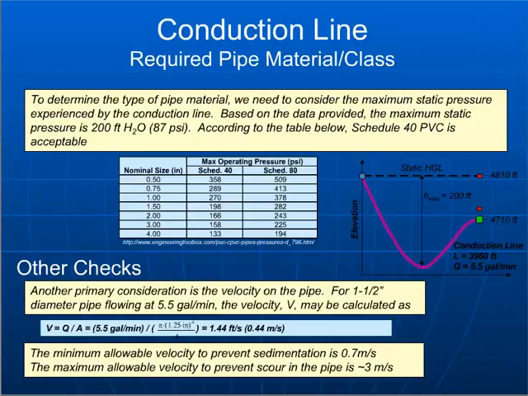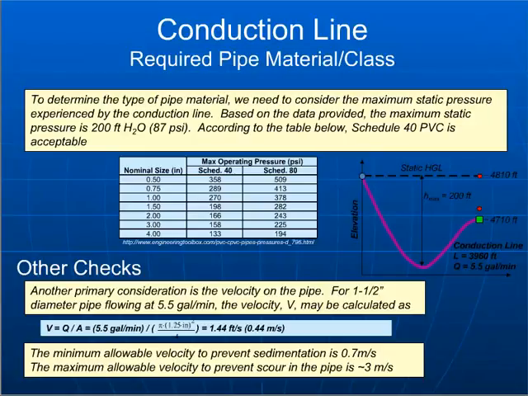So there are a lot of different factors that have to come into play here, but it looks like for this example, if our maximum pressure is 87 psi, for a 1.5-inch diameter pipe, we should be fine with the Schedule 40 PVC and not be required to use the Schedule 80, which has a higher pressure rating. There's some other important checks, though, that need to be made for pipeline systems such as this.